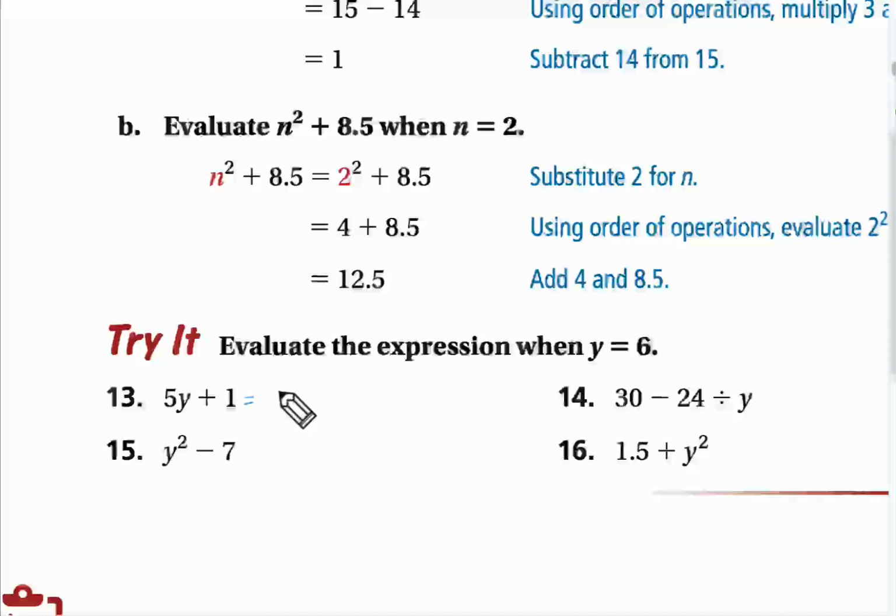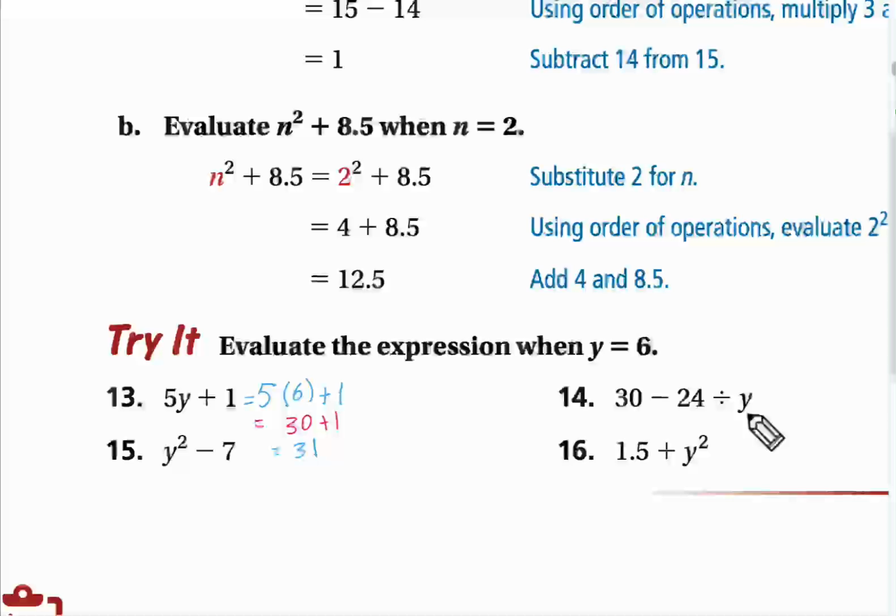First we substitute 6 for y, and we multiply it by 5 because it's 5y. So 5 times 6 is 30, plus 1 is 31. Okay. Thank you, Faris.